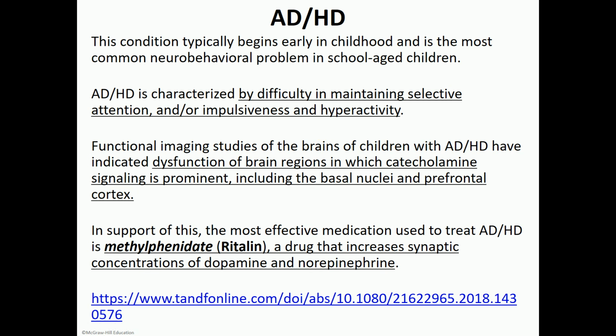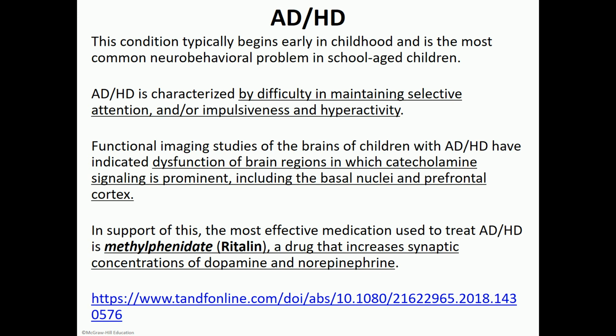It is due to a dysfunction in the brain regions where catecholamine signaling is prominent, and that is in particular in the basal nuclei and the prefrontal cortex. So we have these different areas of the brain that are considered filters for motor impulses, and that would normally tell a person that maybe getting up and doing jumping jacks in the classroom is not a good idea at this point because the teacher is trying to explain something.